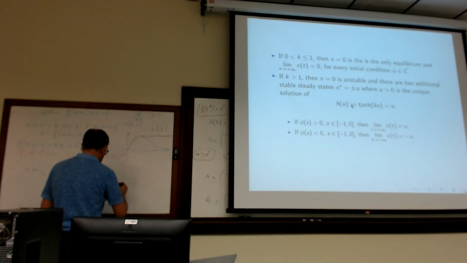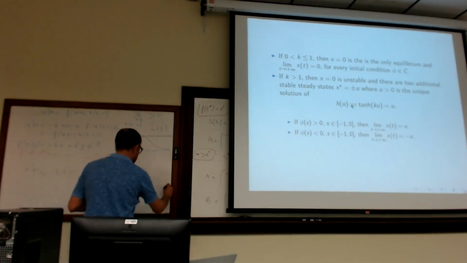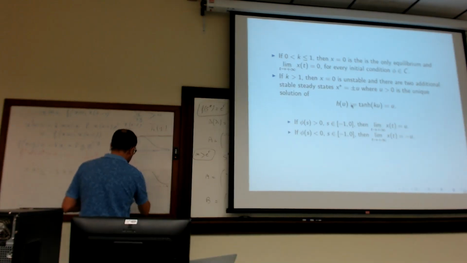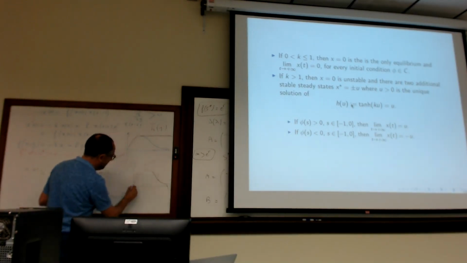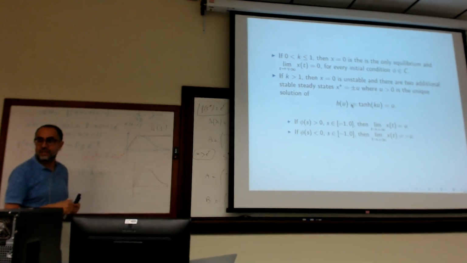Let me show you the general case. This is the part that contains the delay. And this is the part that doesn't contain the delay. It can be nonlinear, it's not necessary. Something like this. For example, here there is only 0 as a steady state.